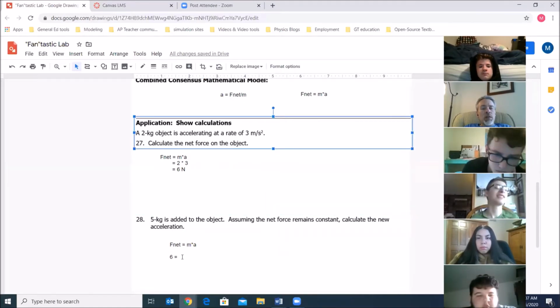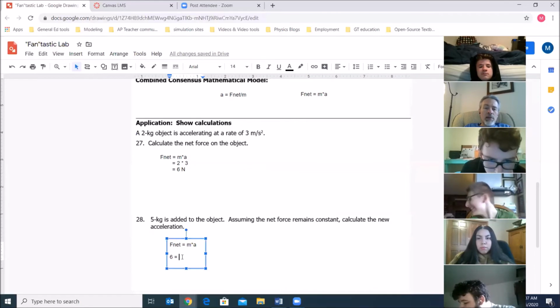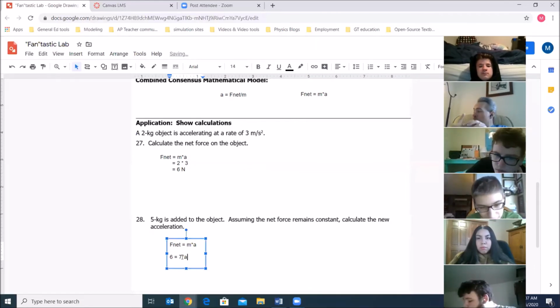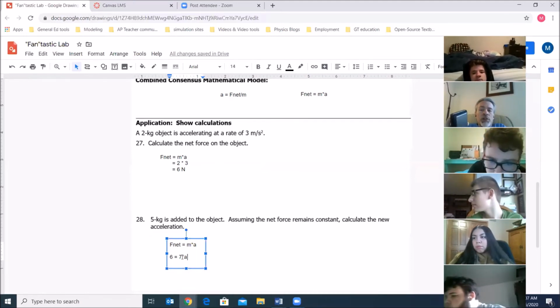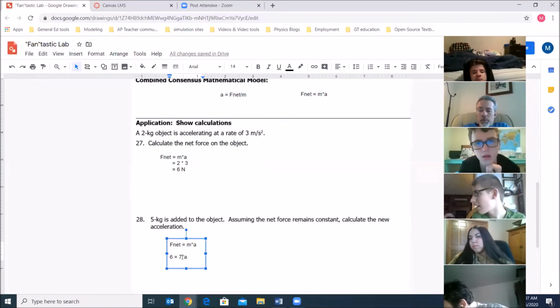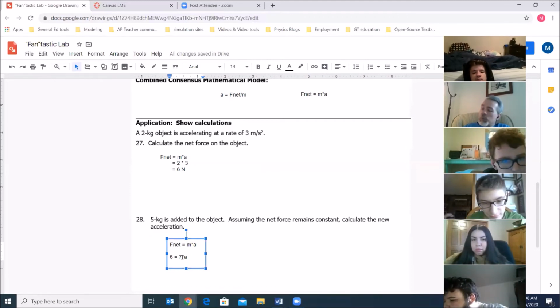So it's really going to be 7. So the total mass is 7 times A. Okay, so how about you guys grab a calculator, and I'll grab a calculator too, and solve for acceleration. I'll give you a hint, you get a decimal. It's less than 1.